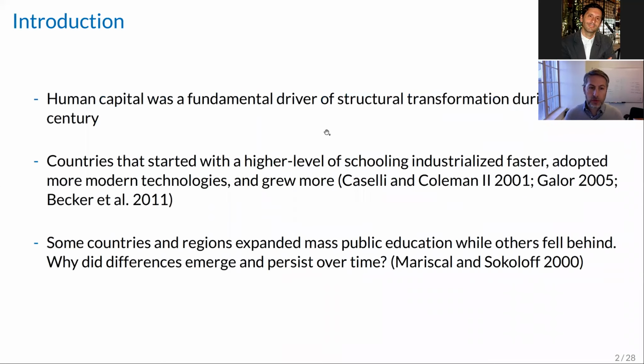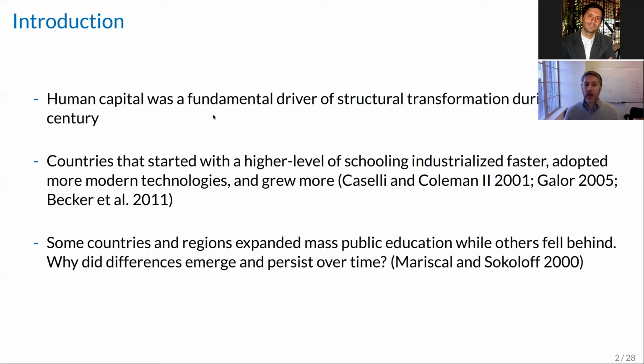So what is the paper about? Let me start with a motivation for what we're doing here. There's a pretty large literature, very large, going both from macro growth accounting and also recently trying to incorporate micro data into it, that establishes human capital as a fundamental driver of structural transformation in the 20th century.